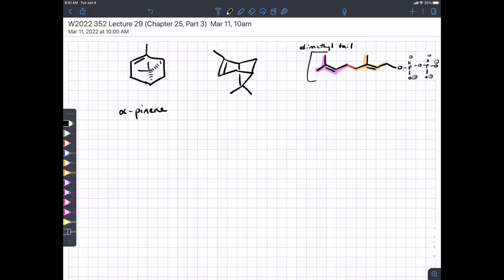And as we look for isoprene units, remember we are ignoring double bonds, and we are also ignoring heteroatoms like oxygen, just focusing on the sigma bonds.